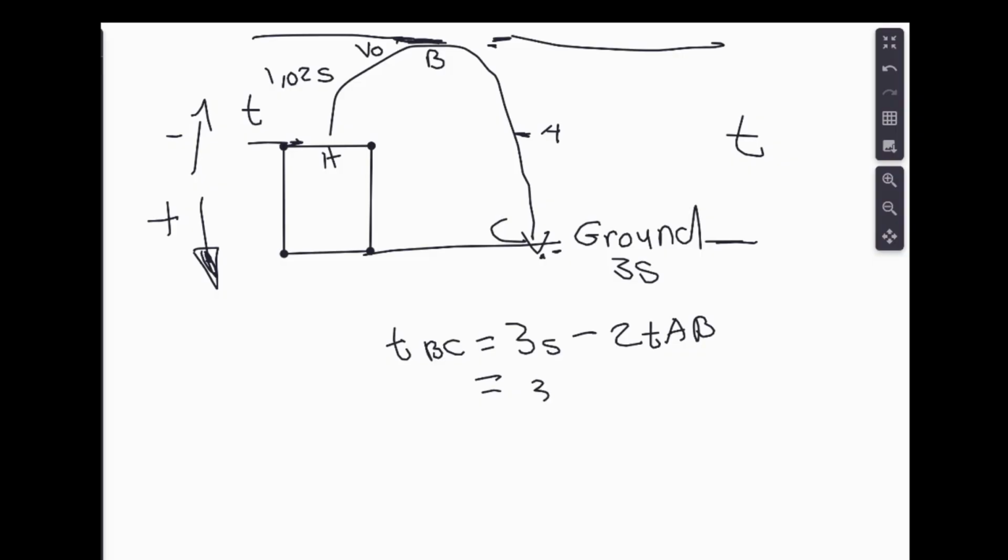So we know that 3 minus 2 times 1.04, which will give us 3 minus 2 times 1.04, which would give us 0.92 seconds. So that's the time from this point here to point C. Okay?